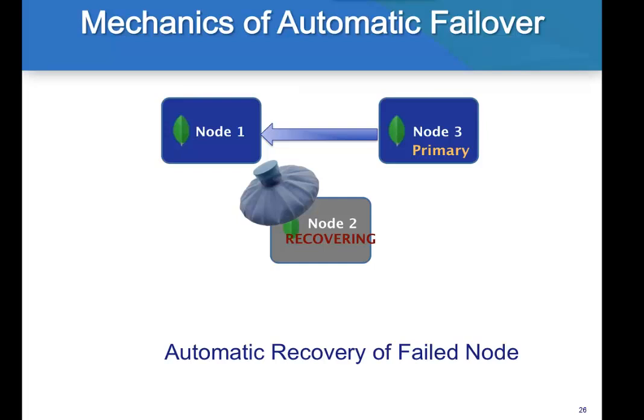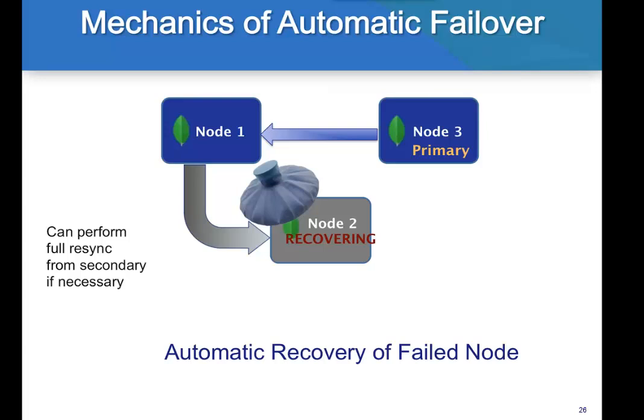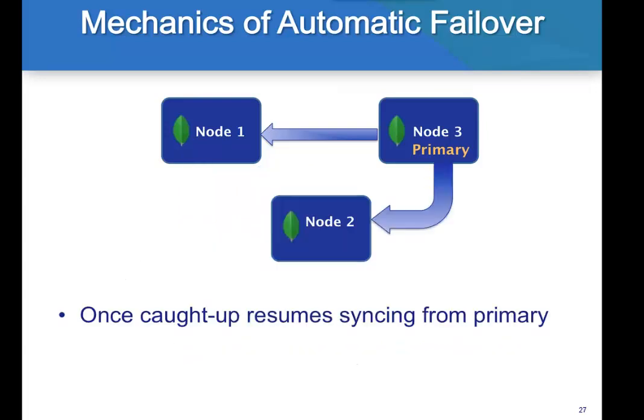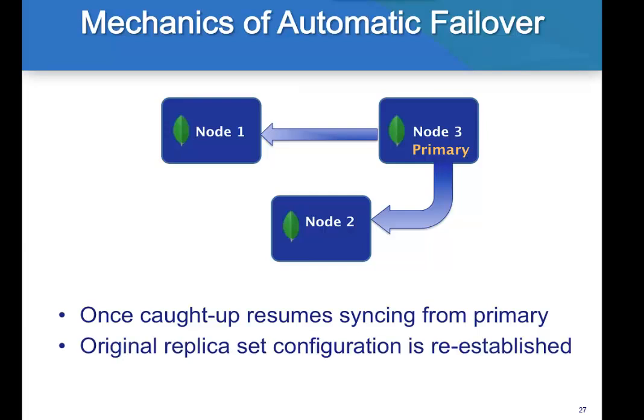When that failed node finally reboots, it will automatically recover itself. It will reconnect to a member of the replica set, probably a secondary, and it will synchronize up with all the operations that it missed. It will then attach itself again to the primary, fully caught up, and a full-fledged member of the replica set.